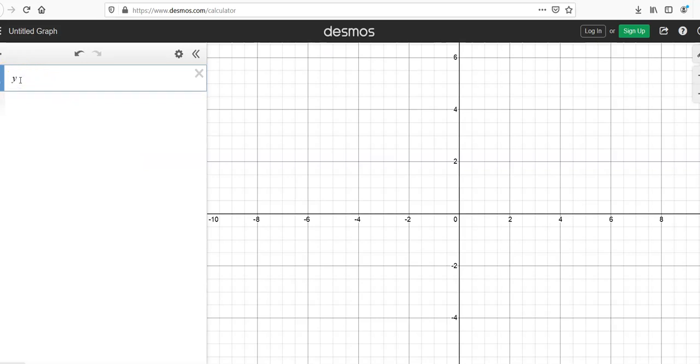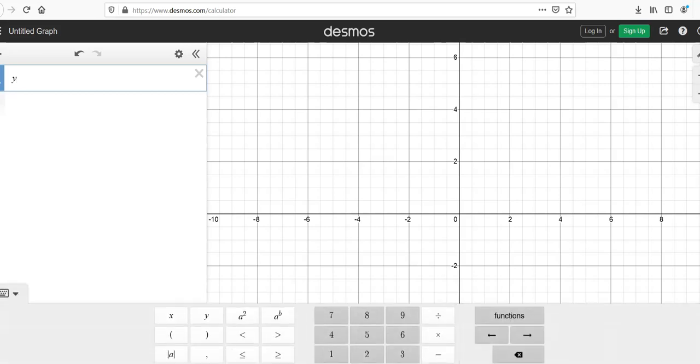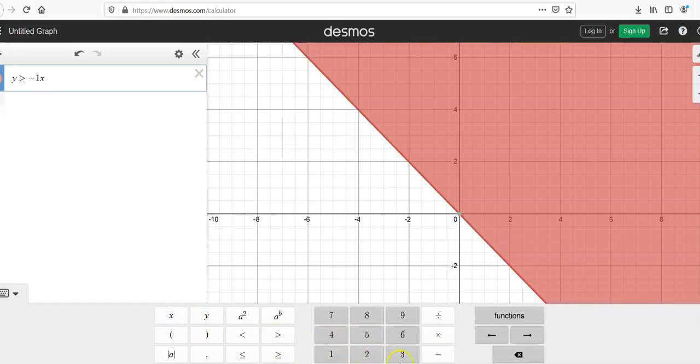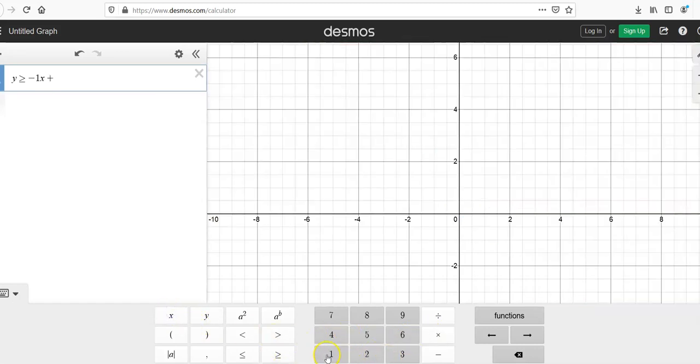So just y. And if you need to get the keypad, there's a keypad down at the bottom left. If you click that, it'll come up with your inequalities. So greater than or equal to negative 1x plus 12. So there's that.